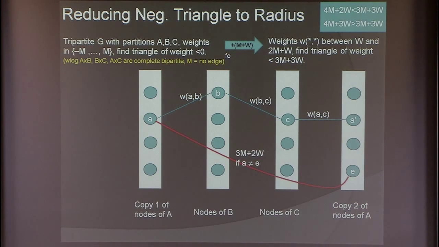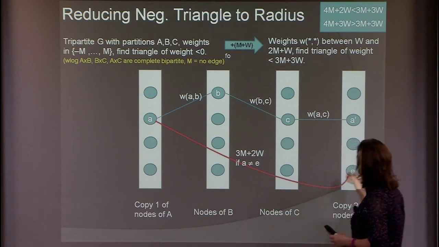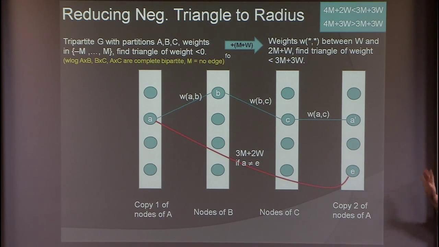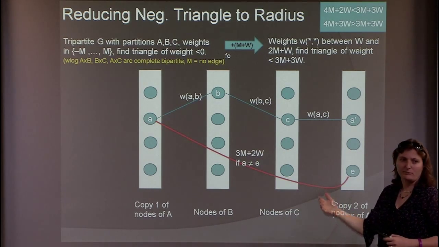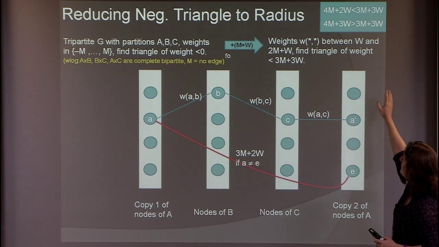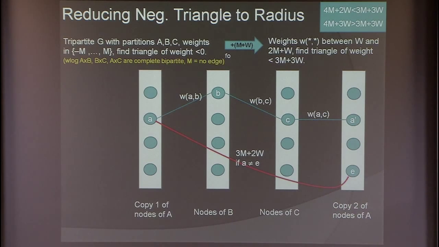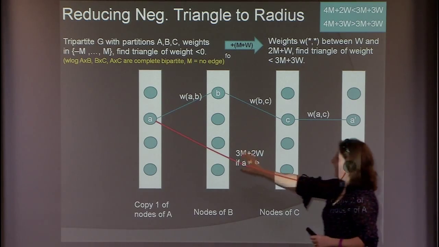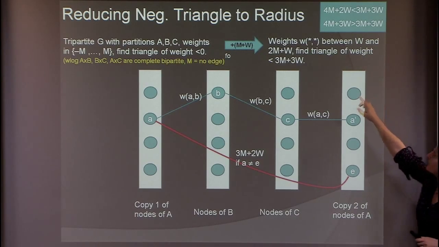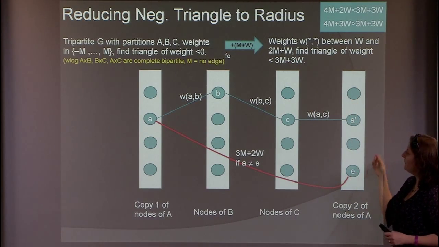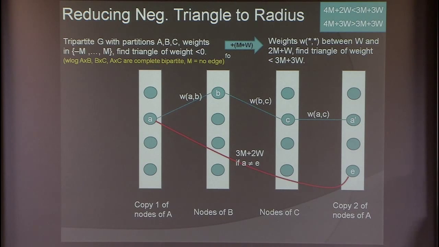So we'll add some edges, and we'll add an edge between A and a node that's different from its copy, so any other node. And its weight will be 3m plus 2W, so it will actually be less than 3m plus 3W. And what we've achieved now is that for any node A, its distances to the right part are less than this quantity, 3m plus 3W, if and only if it's contained in a negative triangle, in a triangle of weight less than 3m plus 3W. So that's what we achieved.